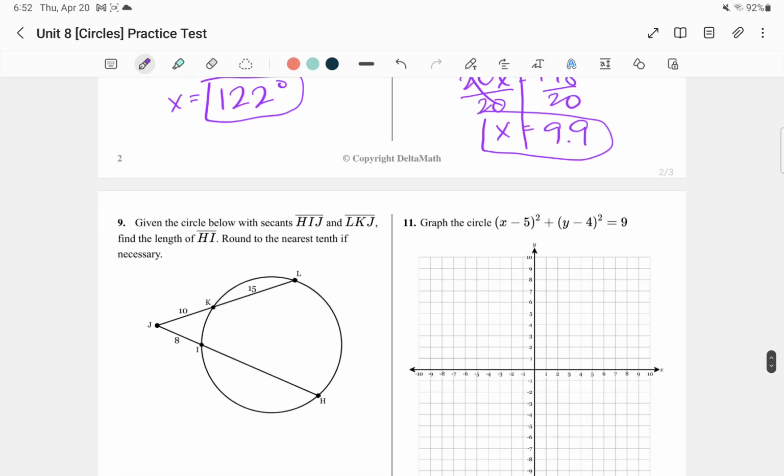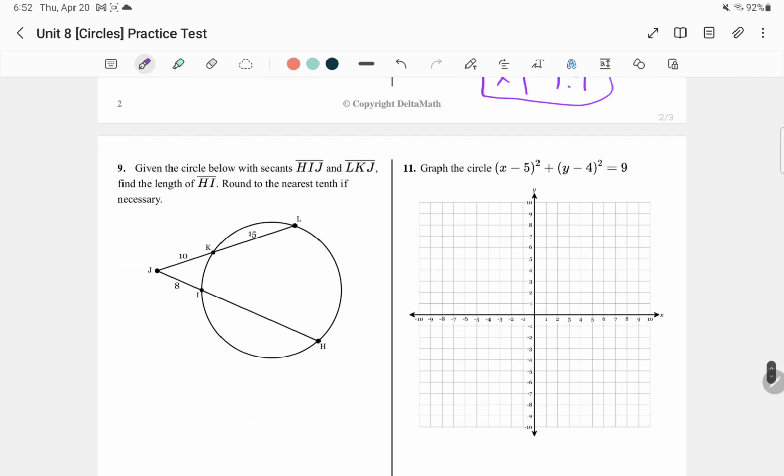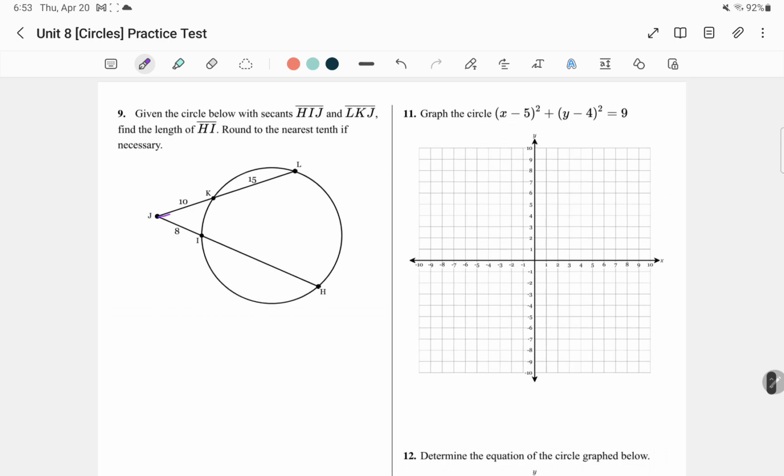But for number 9, I still have products, but it's going to be the outside part times the entire thing, okay? So I'm looking at this secant right here. The outside part is 10, and then the whole thing, 10 plus 15, is 25. So I'm going to multiply that by 25.